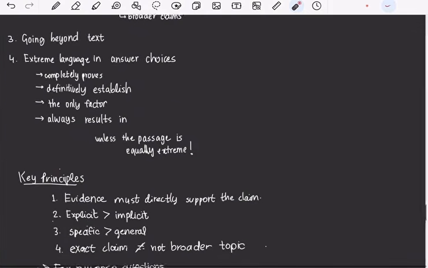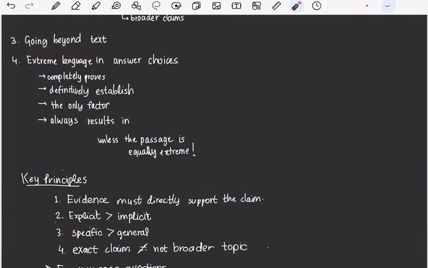Now again, a very common wrong answer is something that goes beyond the text. You have to understand that you shouldn't choose answers that require assumptions and are not supported by the passage itself. The passage might say many students prefer online learning.